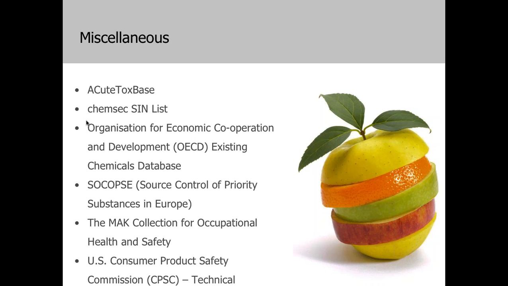The OECD has an existing chemicals database. This is the collection of documents and monographs submitted by the various states and countries on chemicals that they're trying to eliminate or reduce the use of. The same thing would apply to the next database, which is more environmental: water, trying to find and reduce the sources of chemicals that are introduced into the water.